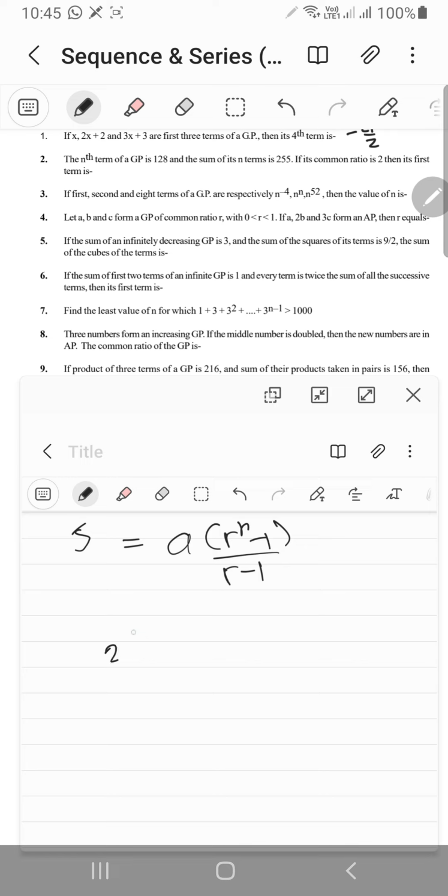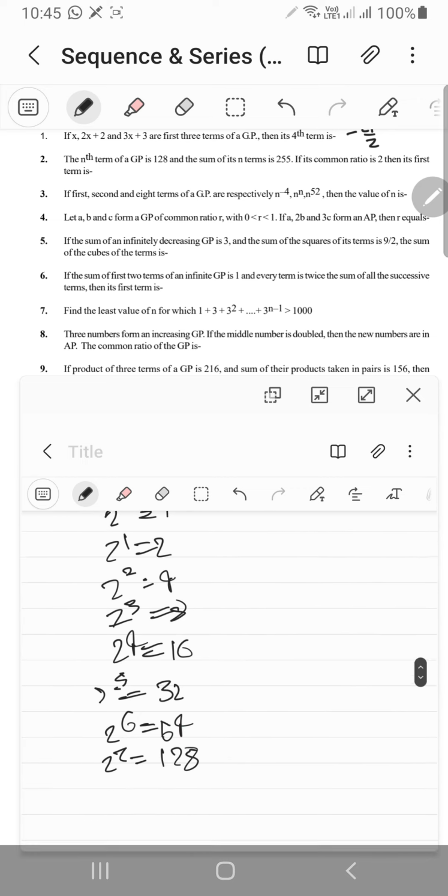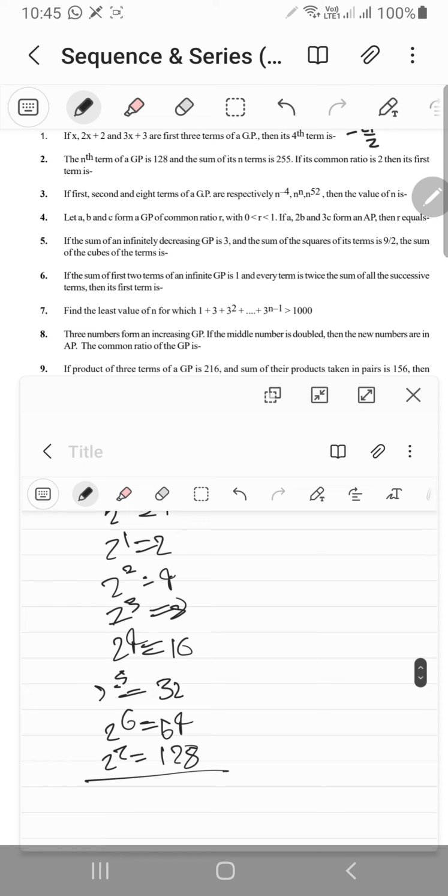So 2 power 0 is 1, 2 power 1 is 2, 2 power 2 is 4, 2 power 3 is 8. Power 5 is 32. Yeah, 2 power 7 is 128. Oh, that's it. This is the nth term. This is the last term. Oh, this is weird.